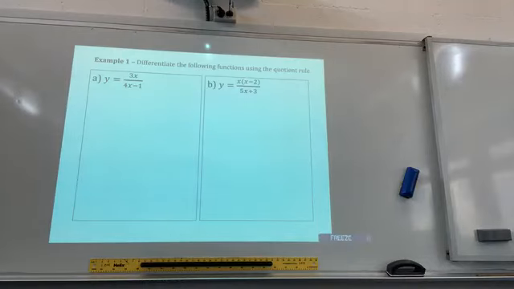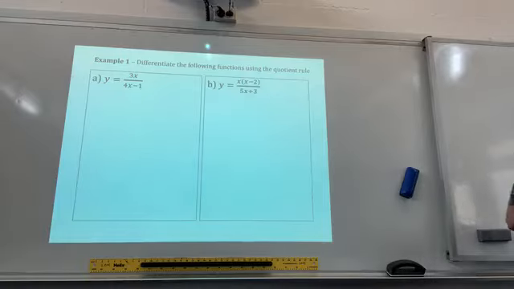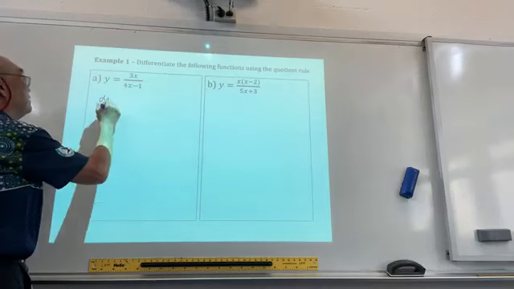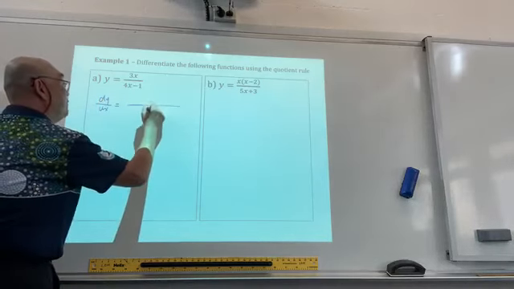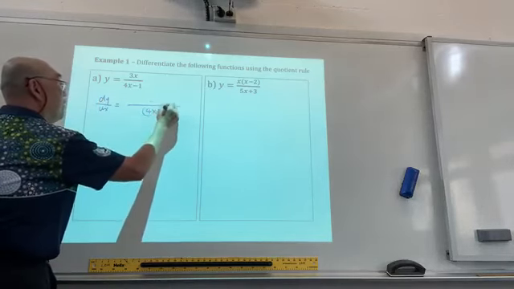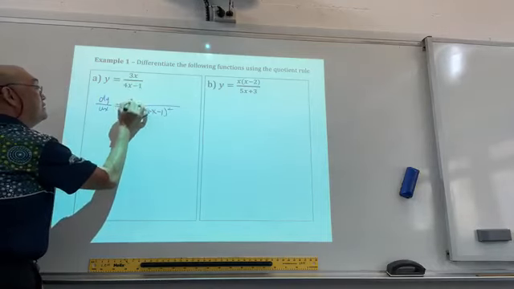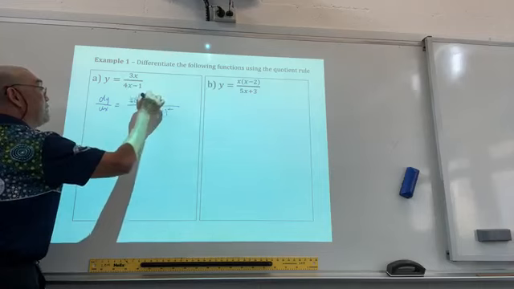All right? So the very first one, you know dy/dx. I'll just do it this way. So dy/dx therefore equals, over (4x minus 1) all squared, I've got the derivative of 3x, which is 3, times (4x minus 1).